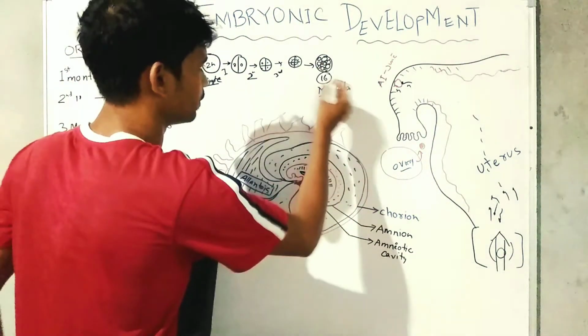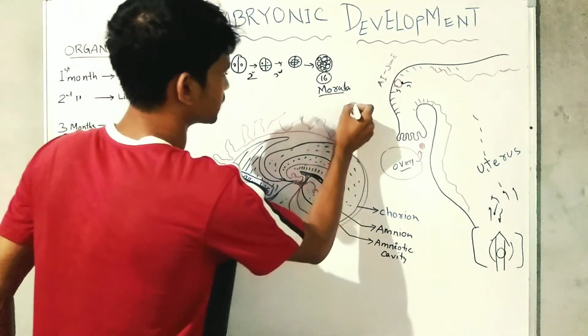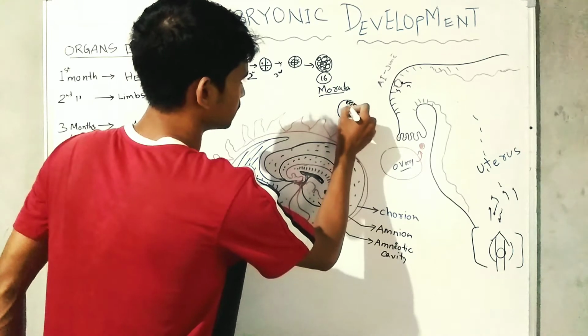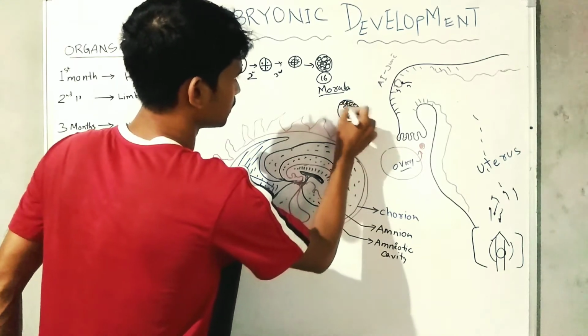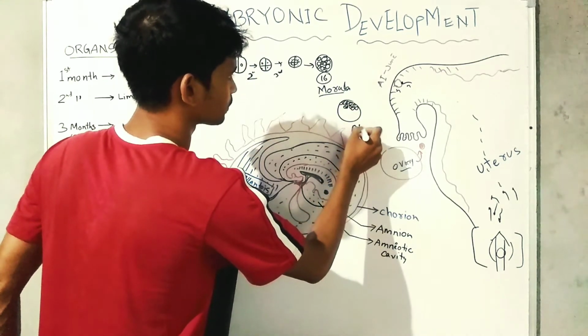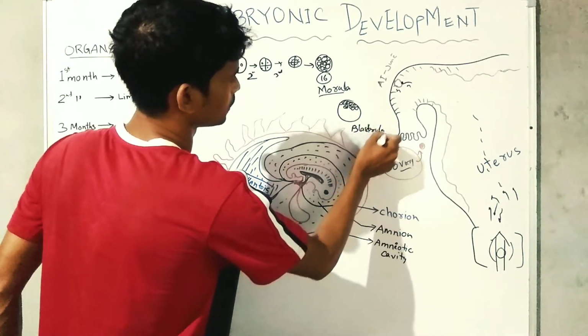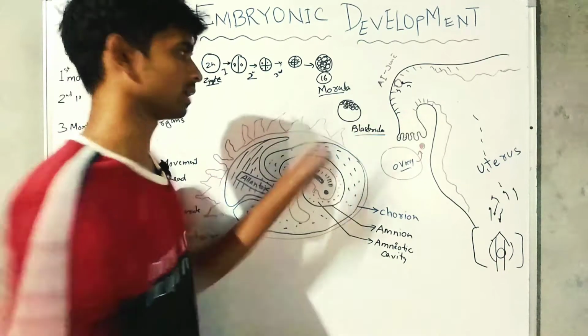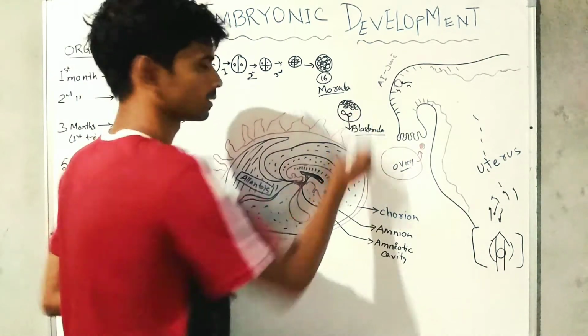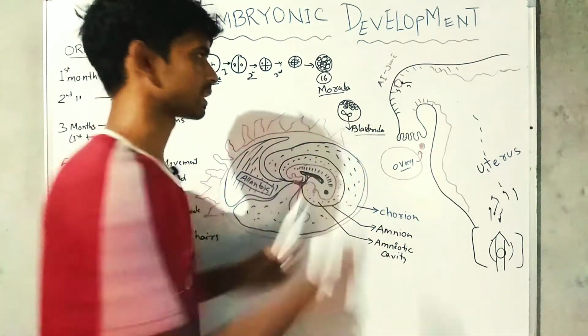After that the cells will be concentrated at one end, and this structure will be called the blastula. Blastula, there is a blastocoel and here is the cell membrane.